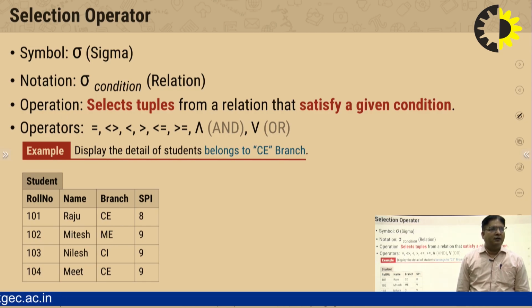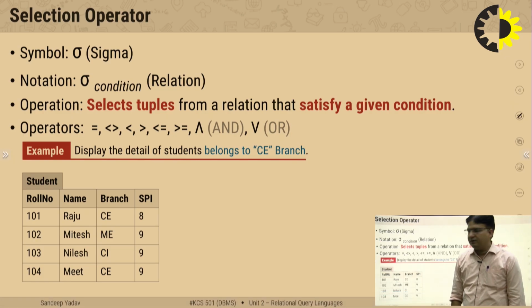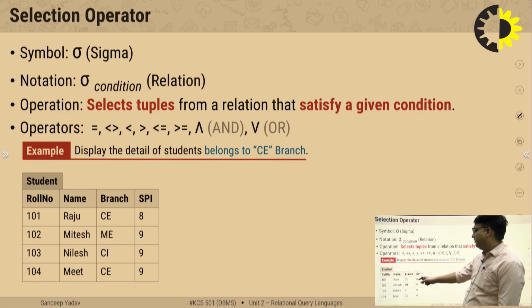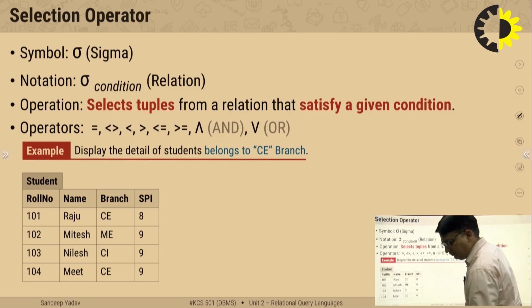Now, we want to find out the details of the students who belong to the CE branch. This is our relation student consisting of 4 attributes along with the data. The attributes are the roll number, name, branch and SPI. So, we want the details of the CE branch.